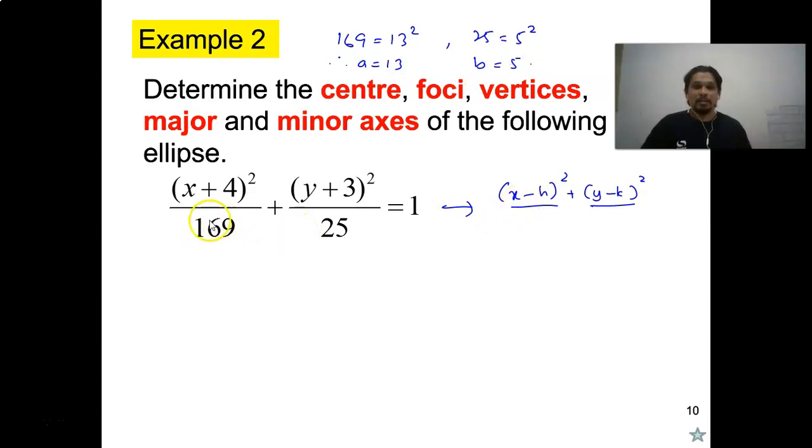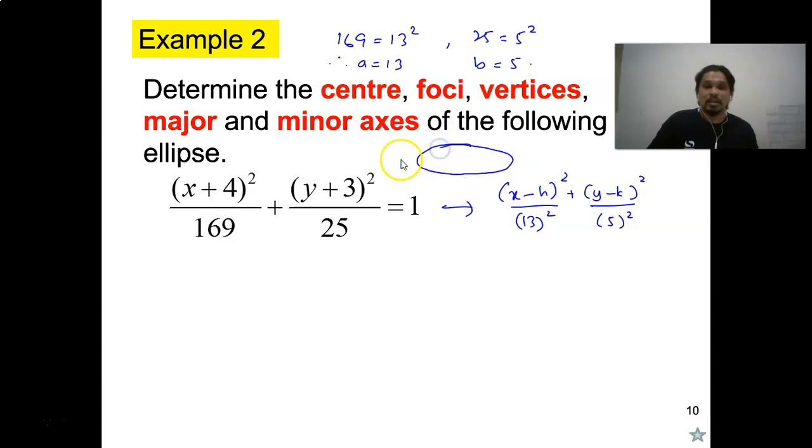So a belongs under x here, and this is 13 squared and this is 5 squared. Since the larger value is under x, we imagine this will be something like this, where the major axis is x and the minor axis is y.